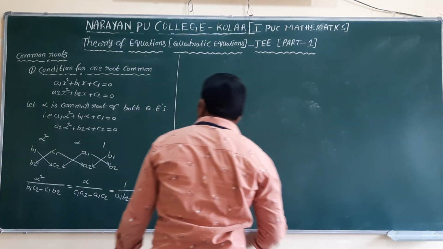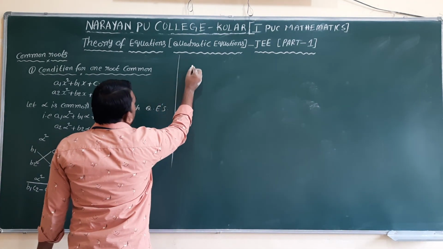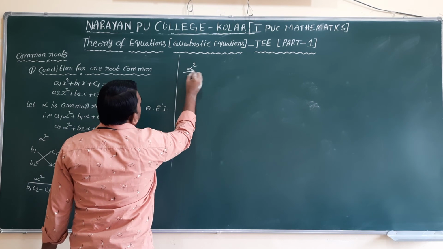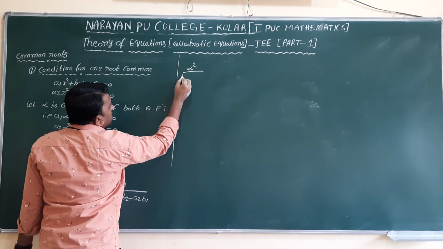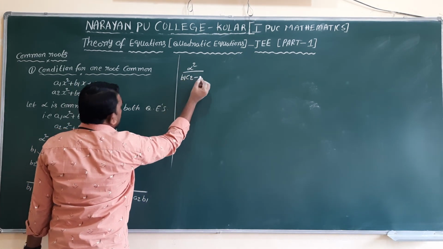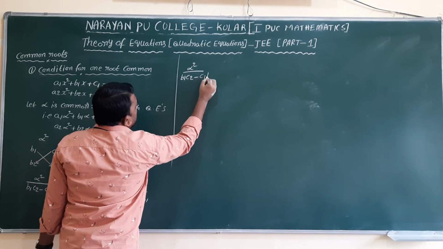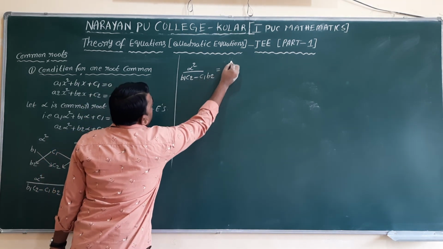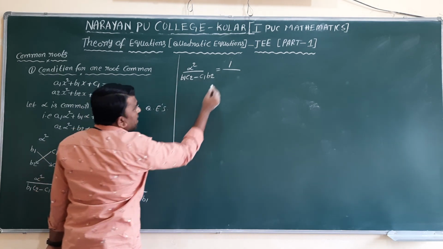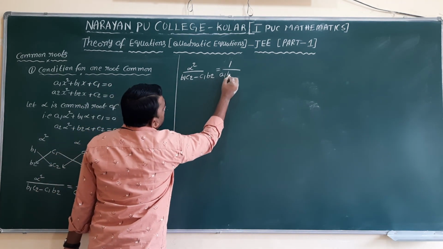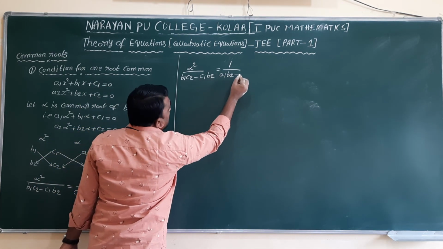So equate first and third: alpha square by b1 c2 minus c1 b2 is equal to 1 by a1 b2 minus a2 b1.